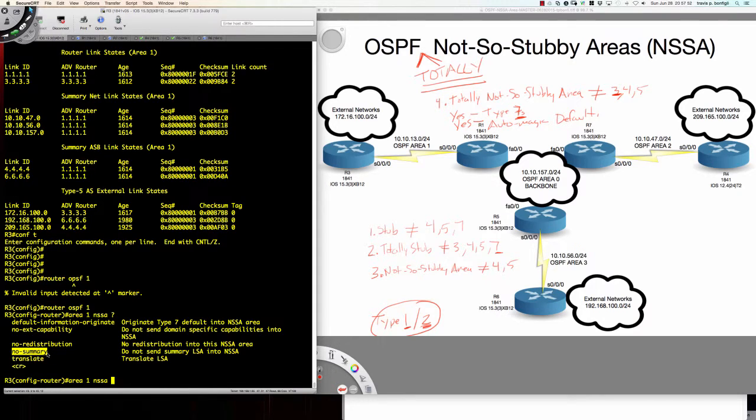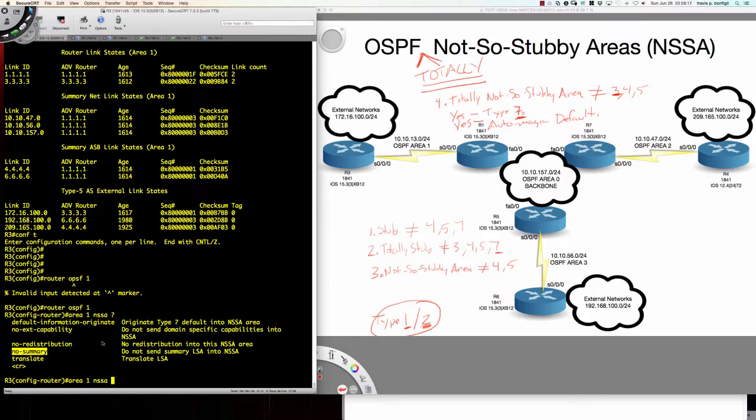Just like the totally stub area, we could put that on there, right? I could say no-summary. And again, the same sort of dilemma or argument arises. Well, you could put that, but I don't need to put that on the member router because R3 is not the ABR, he's just the member router.